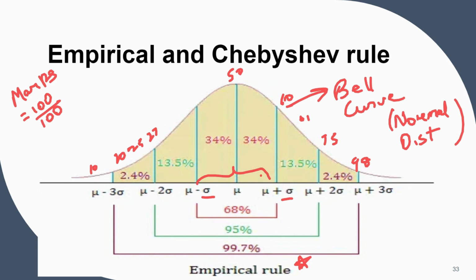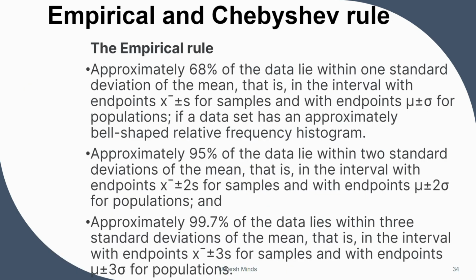These are the limits in which we will find 68% of the people. Mean minus 2 sigma and mean plus 2 sigma will have 95% of the people, and 3 standard deviations from the mean will have around 99.7% of the people. So this is the use of our normal distribution. As I said in my previous example, I have also written it down.